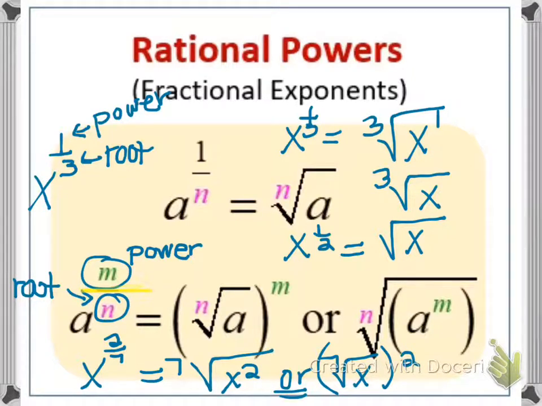So it's just a way of doing two operations to a base at the same time, raising to a power and taking a root. And if the numerator is just 1, you're really just taking a root then. So that's just an exponential way to write a root, is to just say 1 over. So like the 4th root would be something to the 1/4 power, or the square root something to the 1/2 power, or something like that.